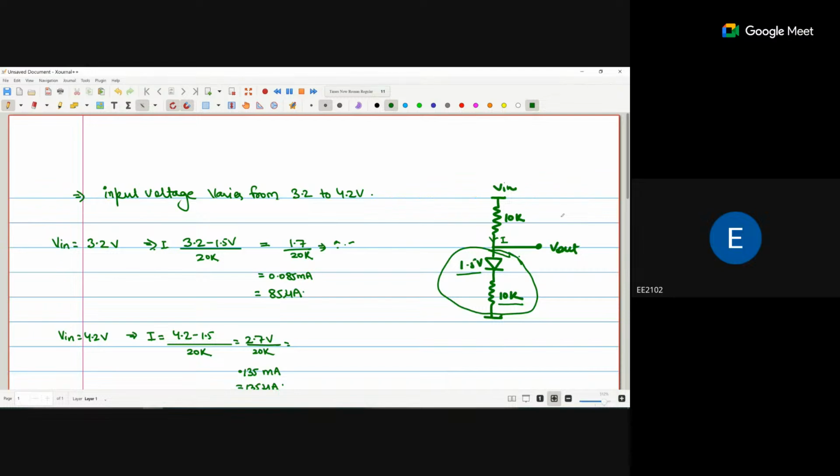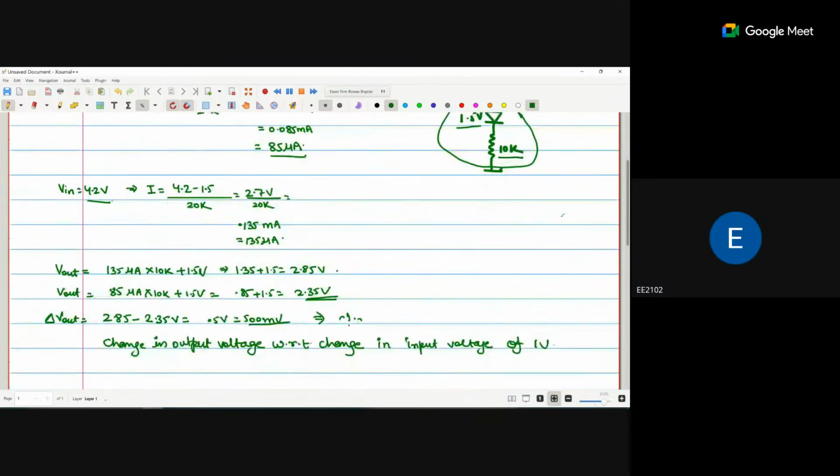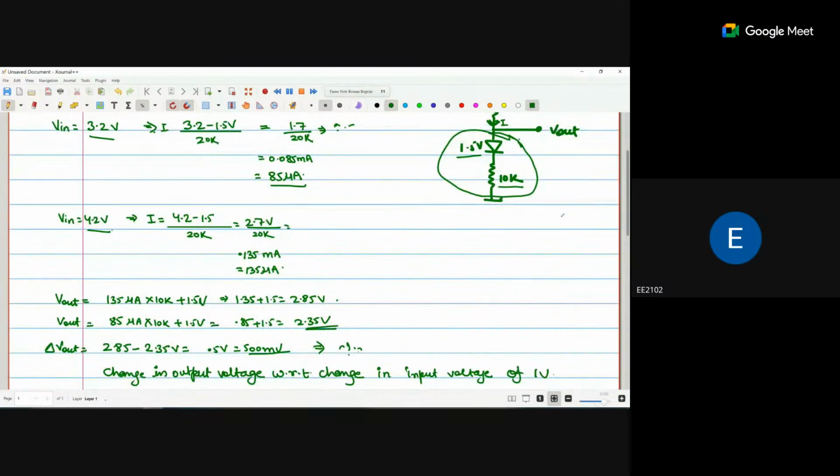And what is the current across this, particularly when the input voltage is 3.2, the current is 85 microampere through the branch, or when input voltage is 4.2, the current is 135 microampere. So that's why I calculate the output voltage, because the V out is nothing but the voltage between this terminal and ground. So basically parallel to this diode and resistor combination.